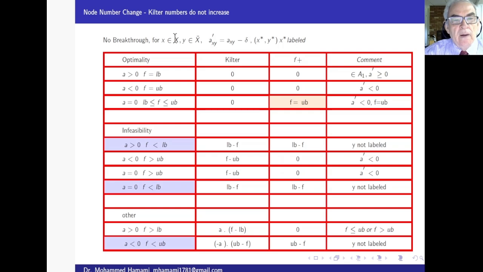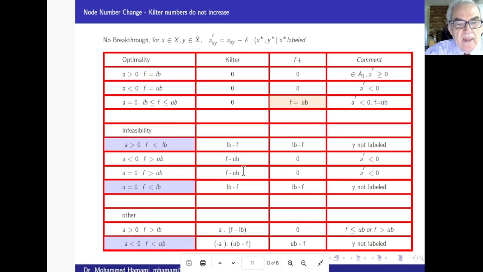And so there are many cases, right? There are arcs within X. In other words, the origin is in X and the destination is in X. Since the node number in X didn't change, the A prime, the new adjusted unit cost, is the same, and the flow is the same. So for that type of arc, the state would remain the same, therefore the Kilter number is the same.